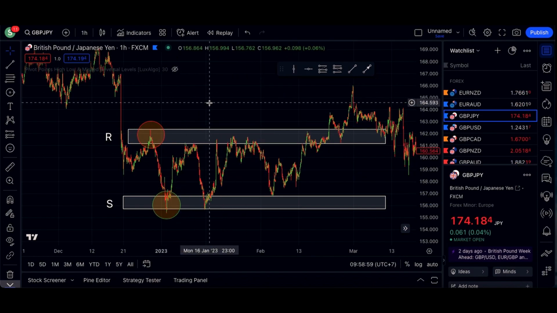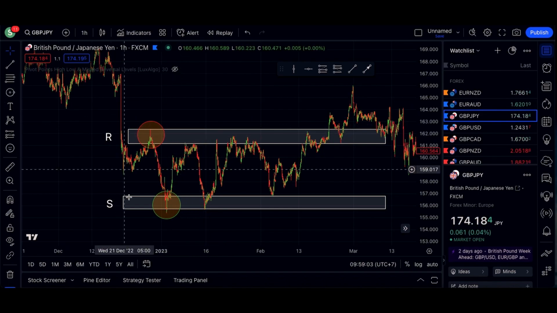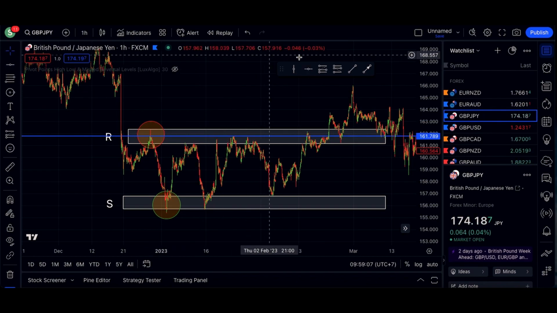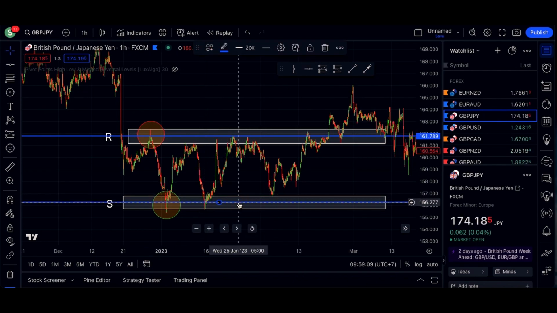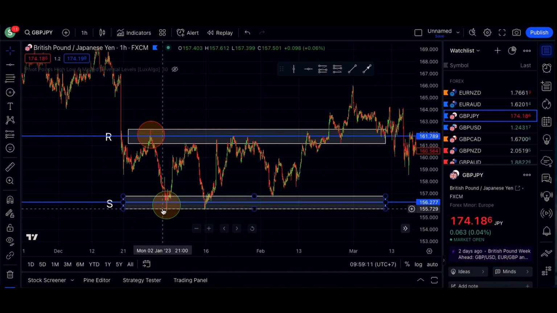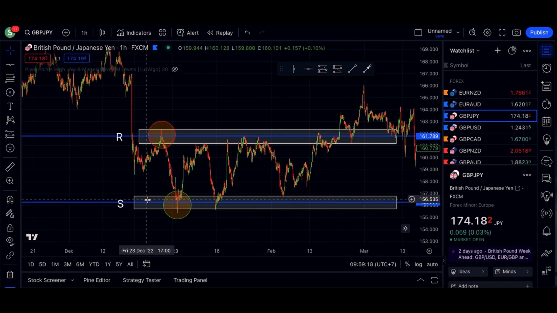Now you notice I didn't represent the support and resistance areas with a simple line like this. Some people do it this way. You don't want to do that because not every trader, not every bank out there on the market is going to enter at the exact same point.